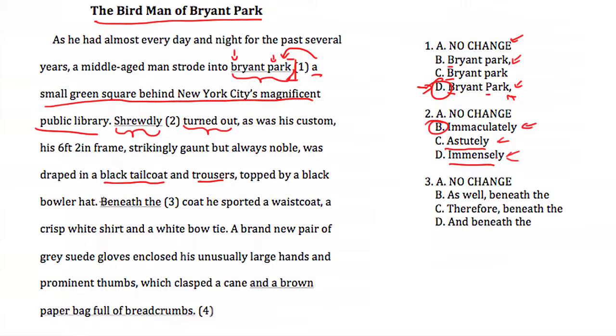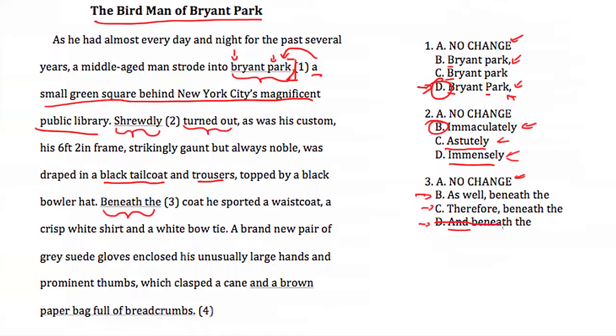Question 3 comes in the very next sentence again. Beneath the coat he sported a waistcoat, a crisp white shirt, and a bow tie. Now we're going to take this beneath the coat, or just the beneath the, and we're going to leave it the way it is, or we're going to replace it with as well beneath the coat, therefore beneath the coat, and beneath the coat. Well, it's generally not proper to start your sentence with a preposition.